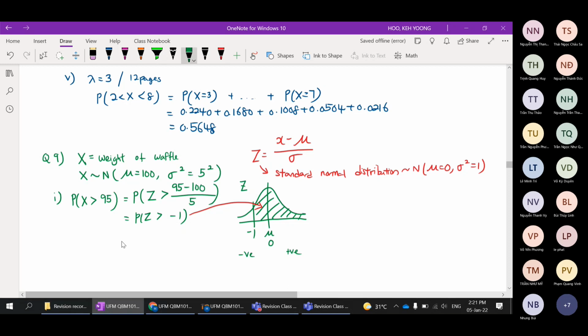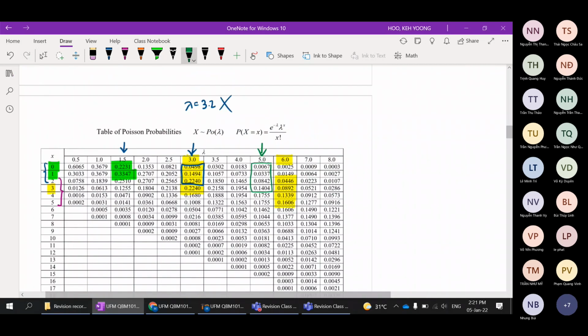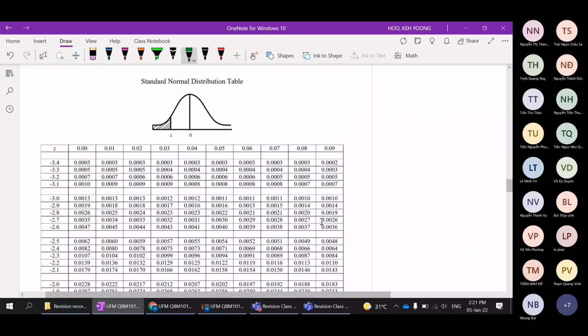To find the probability, let's look at the statistical table. There are 2 pages for the standard normal table. The first page is for when your Z values are negative, and you want to find the probability Z less than this negative value.